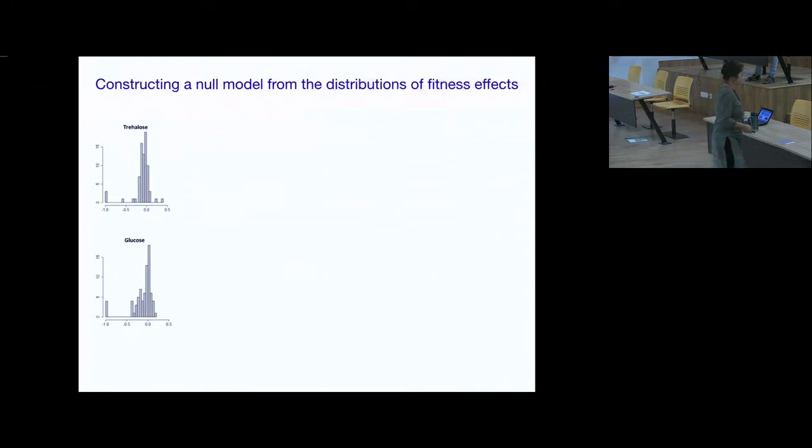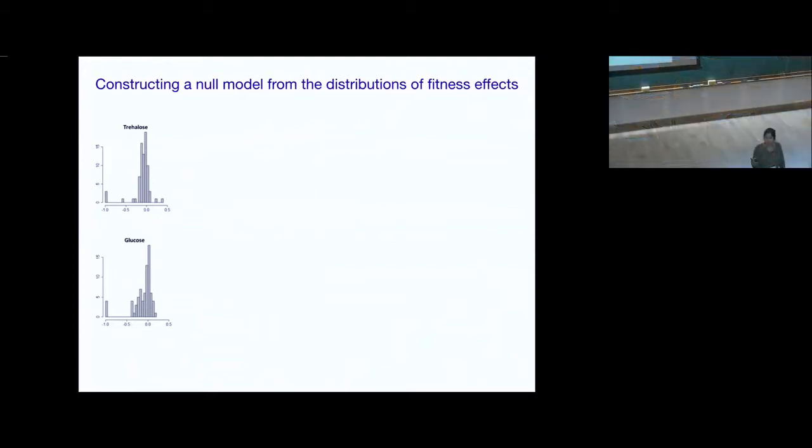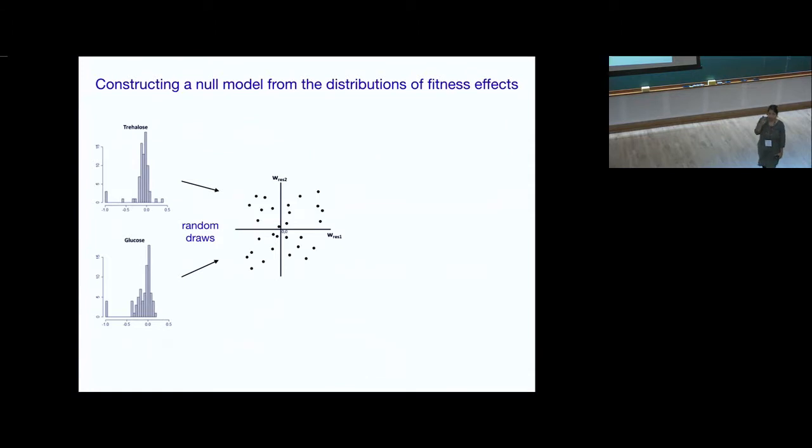Now what we also want is to be able to say, what is the expected null distribution of antagonistic pleiotropy and synergistic pleiotropy and so on, if we didn't have this particular set of mutations that we got? So we generate a null distribution using these DFEs. We draw randomly from each pairwise comparison of resources, and we generate a new random data set, right?